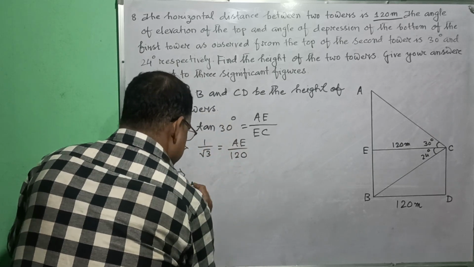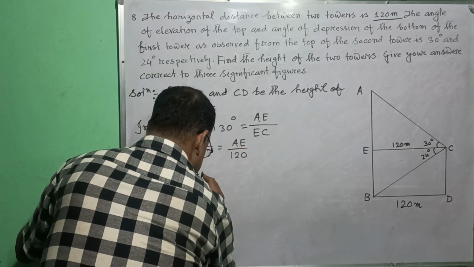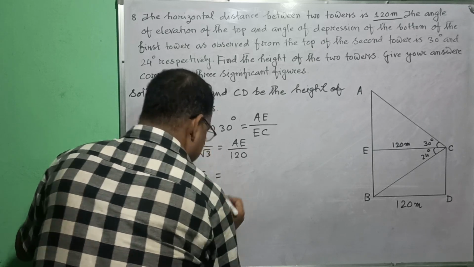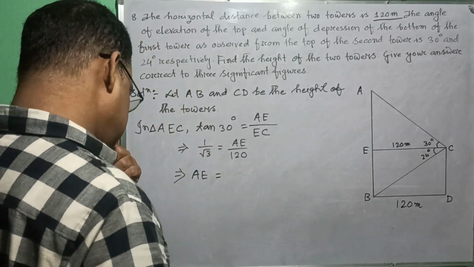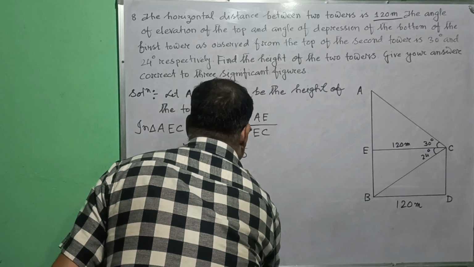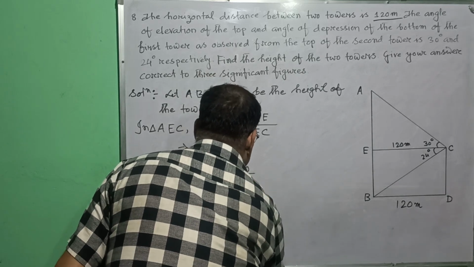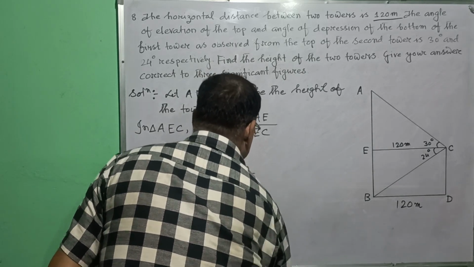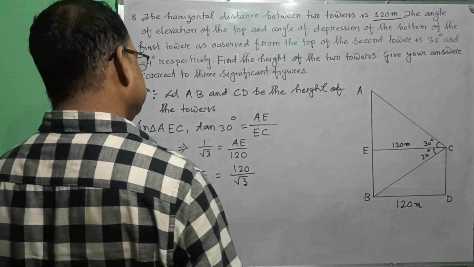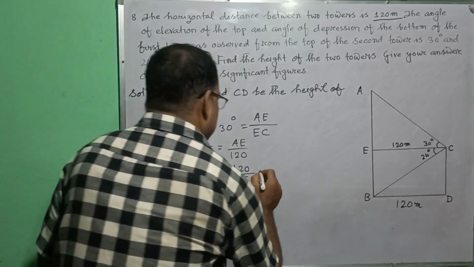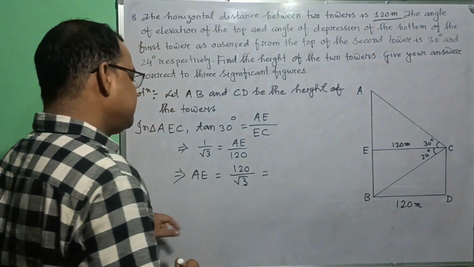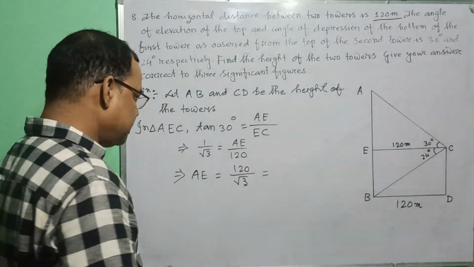This implies AE equal to 120 divided by root 3. So we can rationalize it, as the denominator is a rational number.